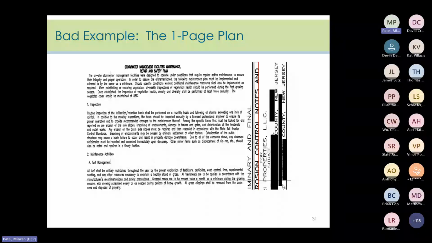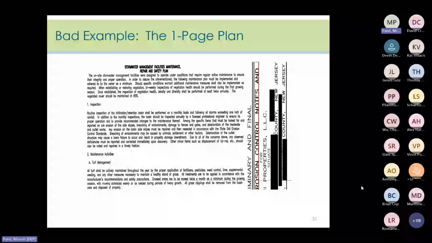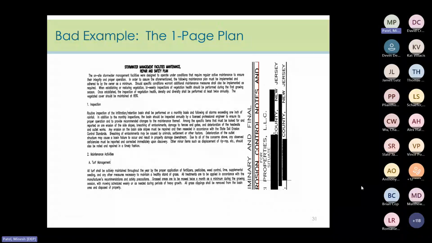There is no way a complete record can be made on a plan sheet, nor would maintenance staff actually record observations and completed tasks here. So this would be an example of a very weak plan, and therefore the reviewer has the authority to request revisions so that the permittee can comply with the requirements of the permit.